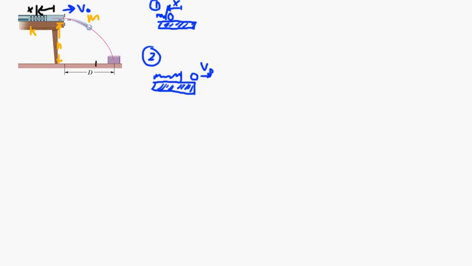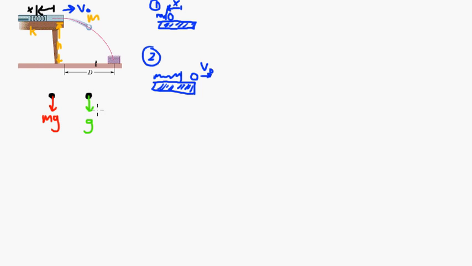The ball comes off and takes some amount of time to fall, and when it hits the ground, however far it's gone horizontally, that's our D. Remember, the ball is in projectile motion, which means it starts off with some velocity, but the only force acting on it is gravity. That's our definition of projectile motion, which means the ball's acceleration is simply straight down at a rate of g.